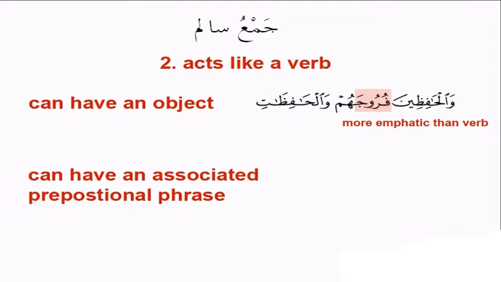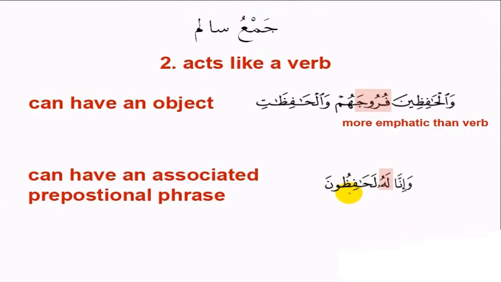But the point is that a jam'u salim has this associated prepositional phrase. For example, here it's talking about the preservation of the Quran. وَإِنَّا لَهُ لَحَافِظُونَ. So here lahu, the jar majrur, is associated with the ism fa'il, حافظون.